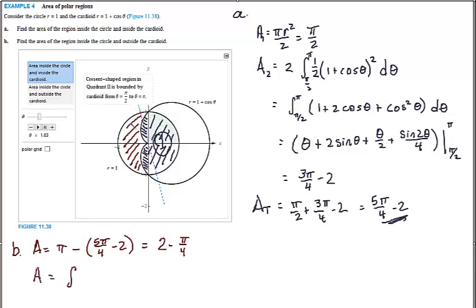We can also verify that if we want. I could integrate from, that's a circle of radius 1, so that would be 1 squared minus this bottom function here, which is 1 plus cosine theta quantity squared d theta.